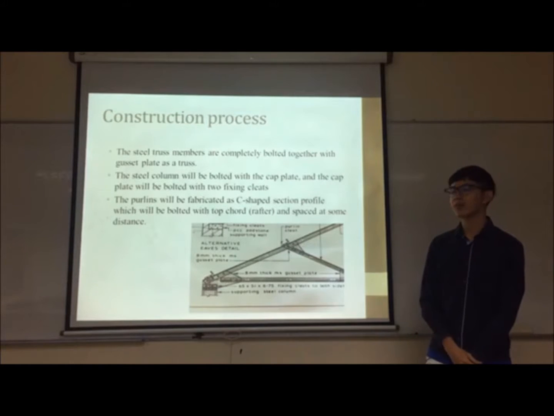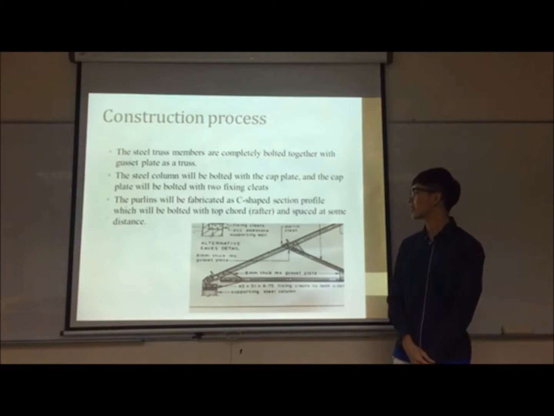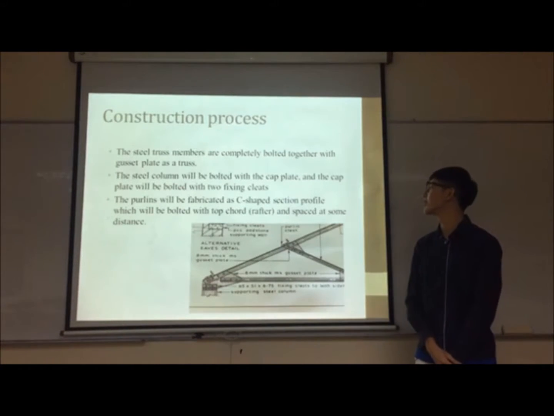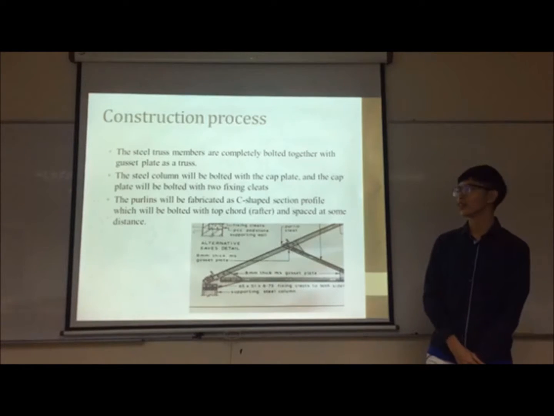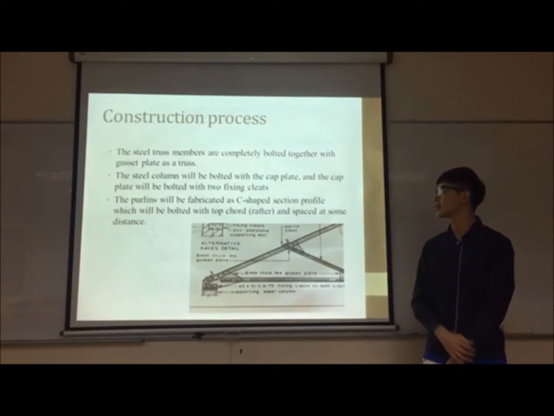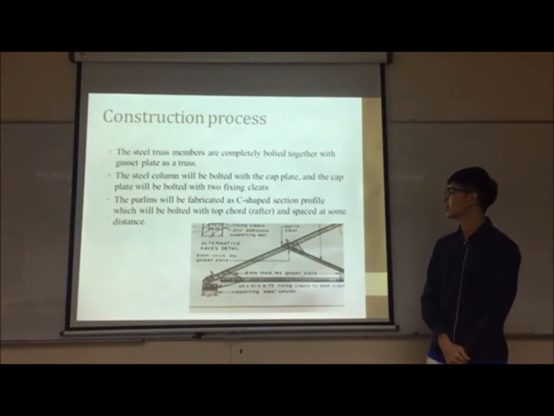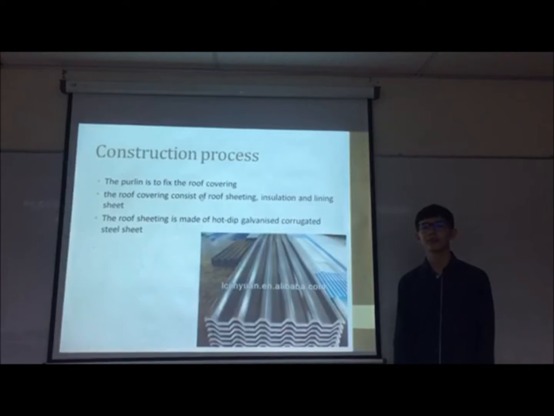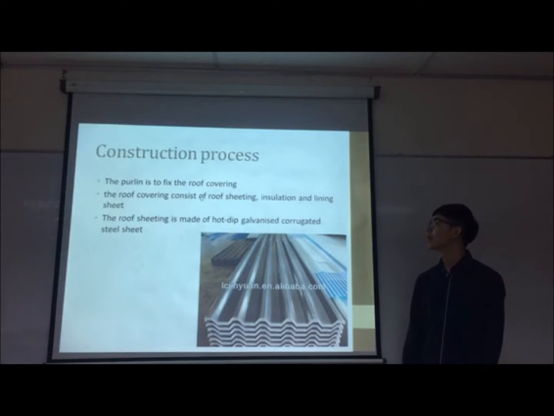Then the purlin will be fabricated as a C-shape section profile, which will be bolted with the rafter and spaced at some distance. The function of the purlin is to fix the roof covering.